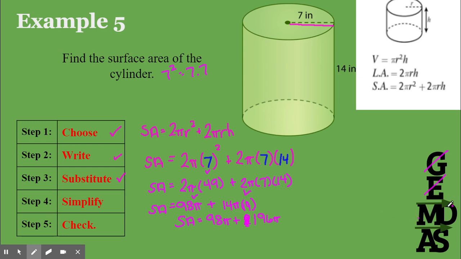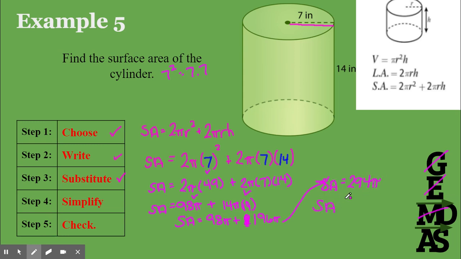So we're done with multiply and divide. We're going to add and subtract. Since these are like terms, they both have a pi, we can just add the numbers in front. So 98 plus 196 is 294 pi. This is the exact answer.